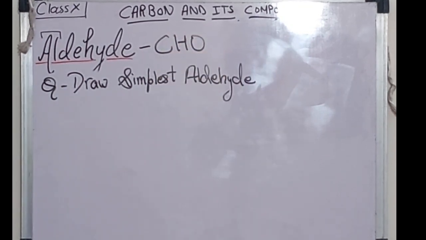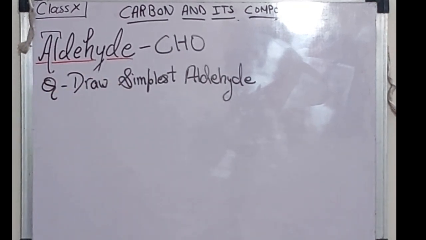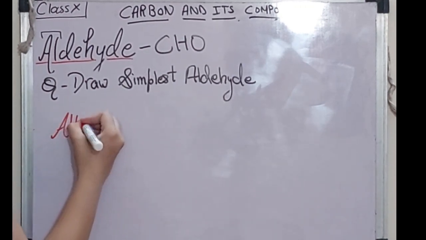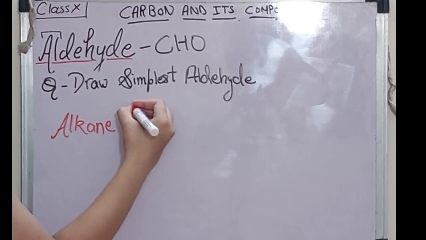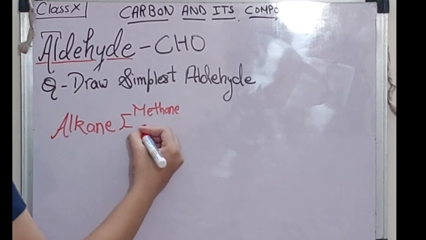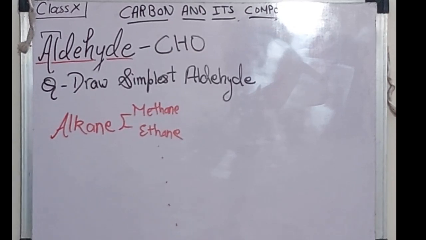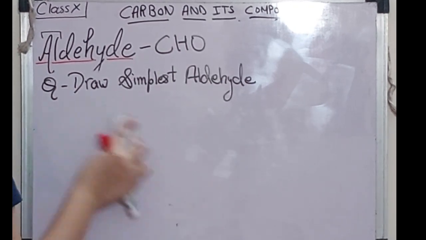By this question, what they are trying to ask is to write the first aldehyde. For example, if I talk about alkanes, what's the first alkane? Methane, right? The first alkane is methane, the second is ethane, and then propane, butane, pentane, hexane, and so on. Similarly, they are asking you to draw the simplest aldehyde.